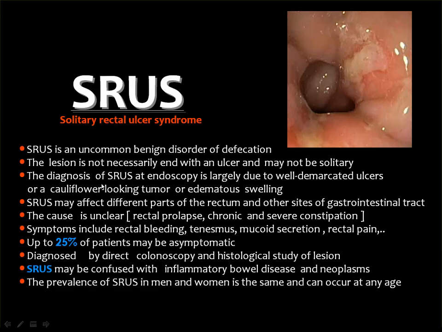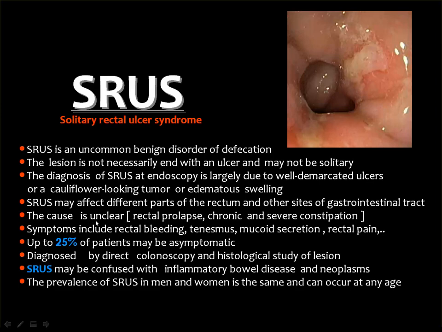Then the diagnosis of this lesion is based on endoscopy, where you see a large, well demarcated ulcer, or a cauliflower looking tumor, or edematous swelling of the mucosa. This ulcer may affect different parts of the rectum and other sites of the gastrointestinal tract.